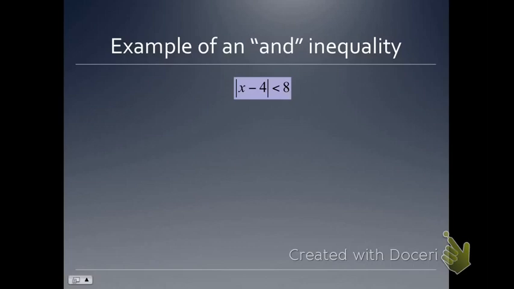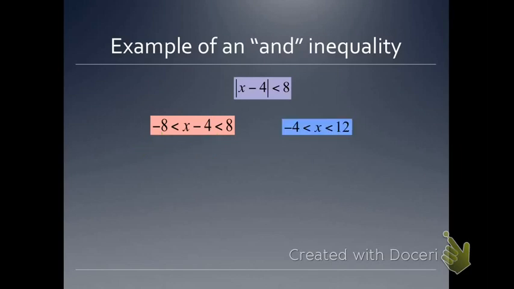Basically what you're going to be doing is taking what's in the absolute value, setting it less than 8, which is the original, and greater than negative 8. And then we solve by adding 4 to the middle, and then to both sides. And we get negative 4 is less than x, which is less than 12.